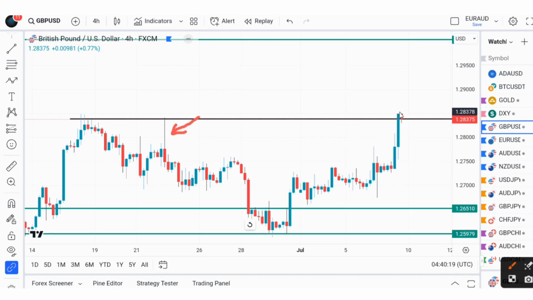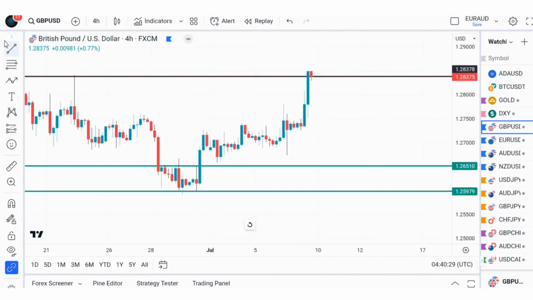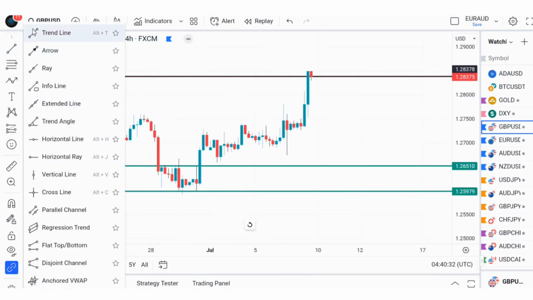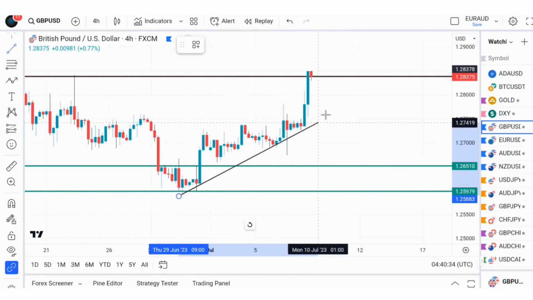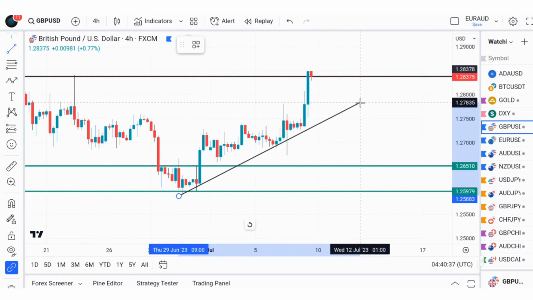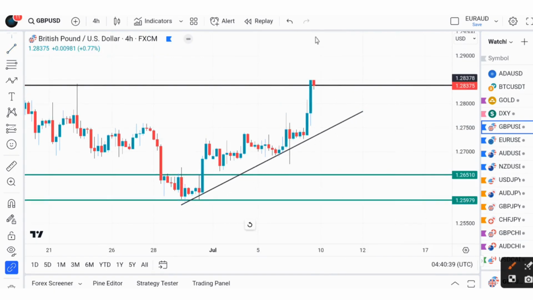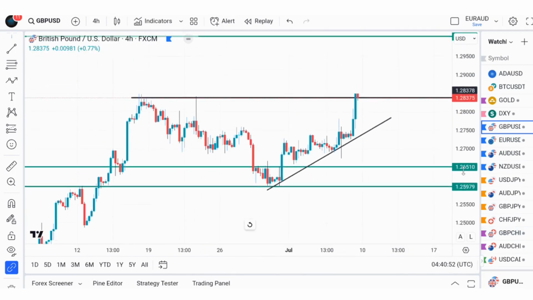We might actually bring about the retracement in the GBP US dollar. So I'm looking at a retracement to this level. If we use the trend line, I'm looking for a retracement to this particular level before we see a rejection at that particular area.